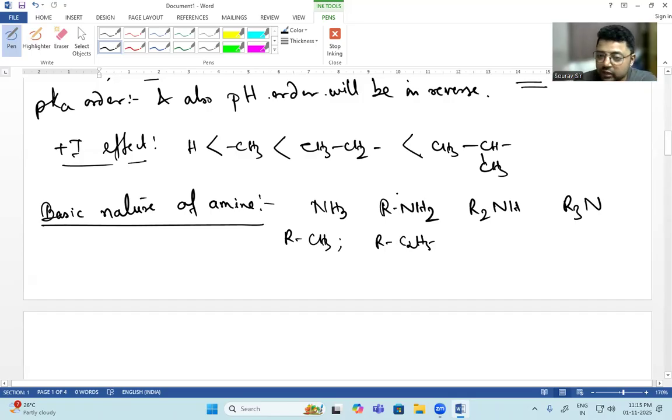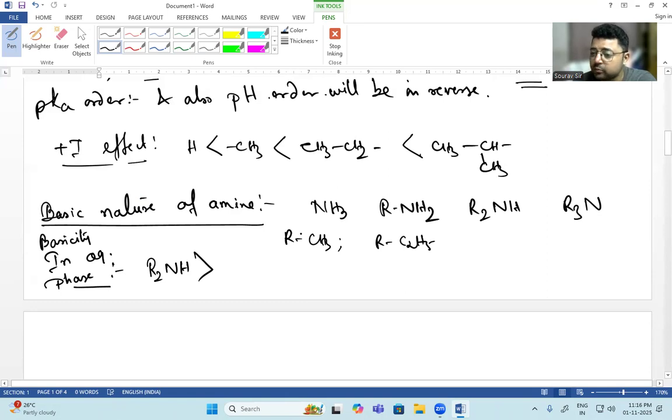where you will have to judge the basicity of these amines based on the inductive effect. In both cases, R2NH will have the higher basicity in aqueous phase. When we compare the basicity in aqueous phase, in both cases, R methyl and R ethyl, it will be here.